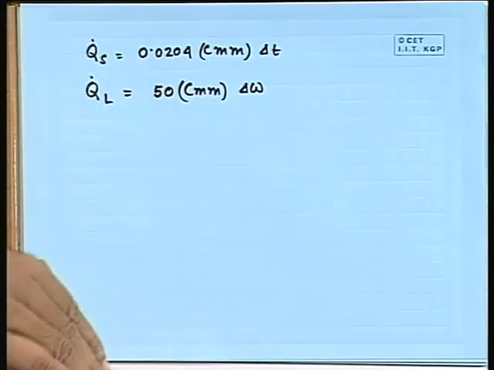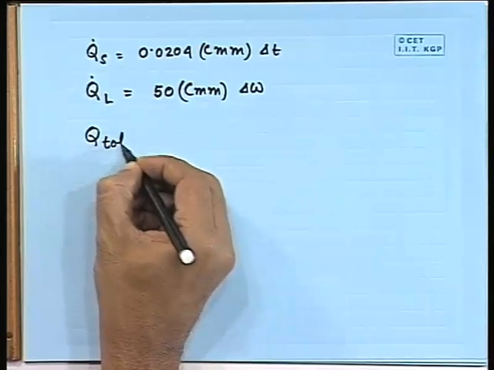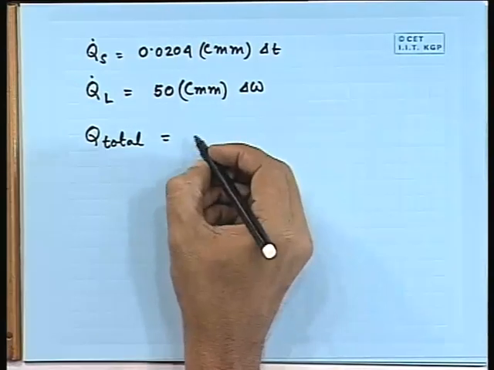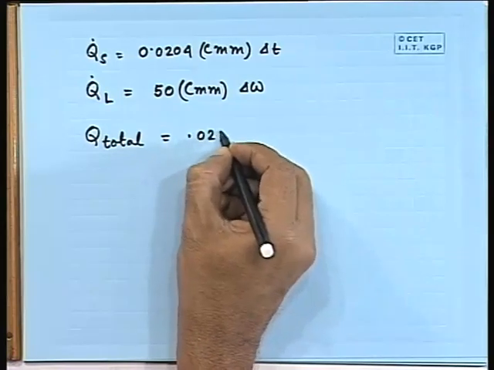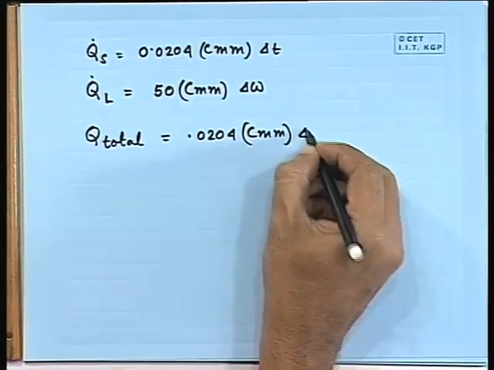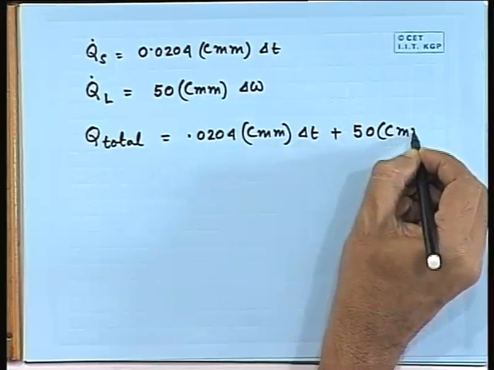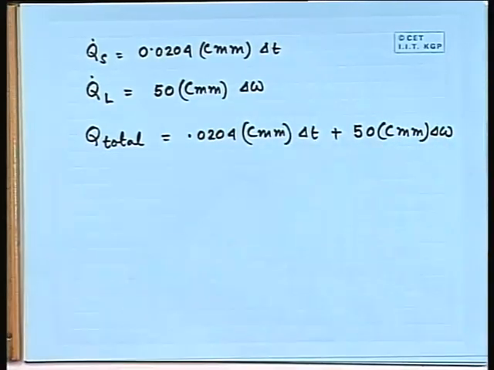And then we can have any process which is a mixture, where both change in dry bulb temperature and change in specific humidity are there, where energy transfer is due to both latent heat transfer and sensible heat transfer. So, we can write Q total is equal to 0.0204 CMM delta T plus 50 CMM delta W. So, this is what we can write.